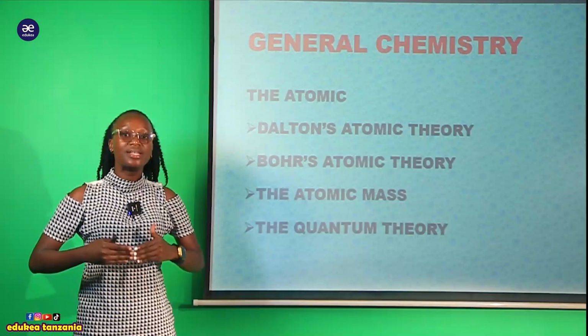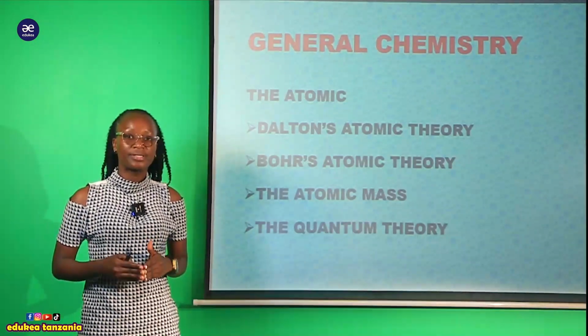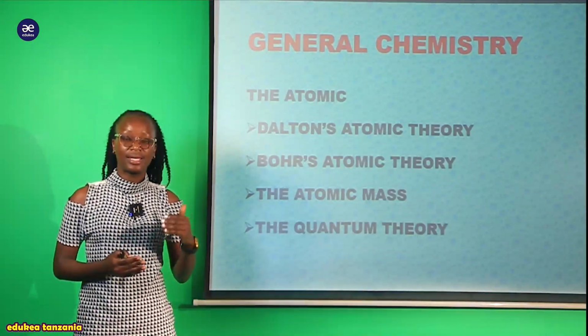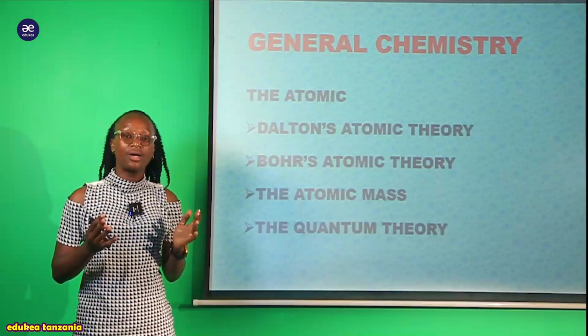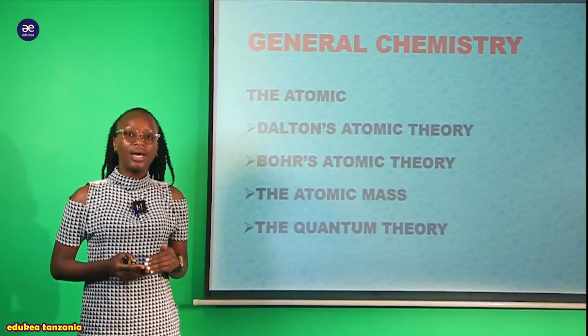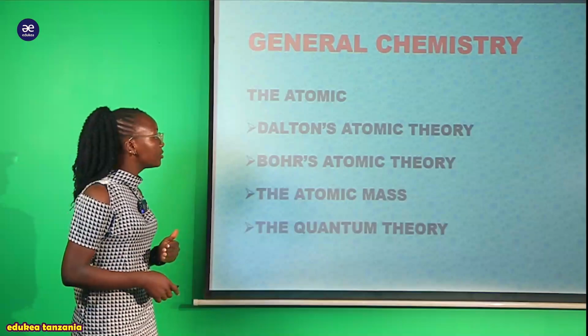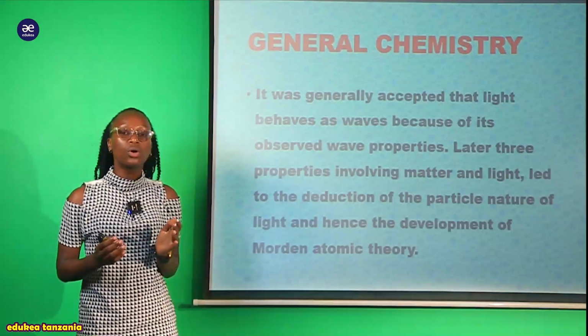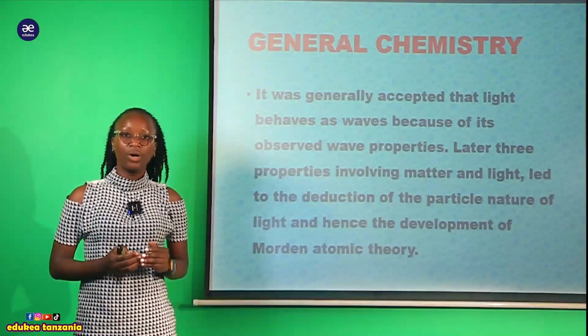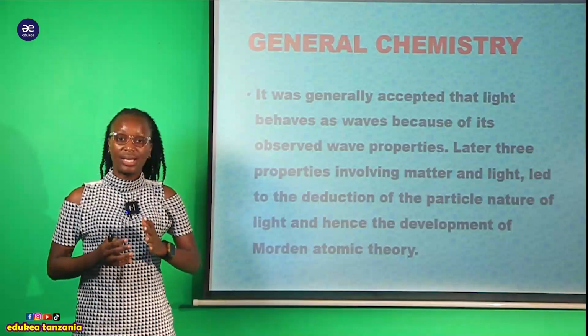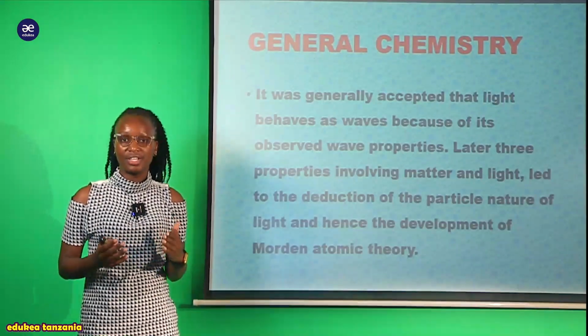Tukaona kwamba light ana display some features or some properties which behave like the wave or those electromagnetic radiation features. So here today we are proceeding to look at the general overview, which is all about light as electromagnetic radiation.